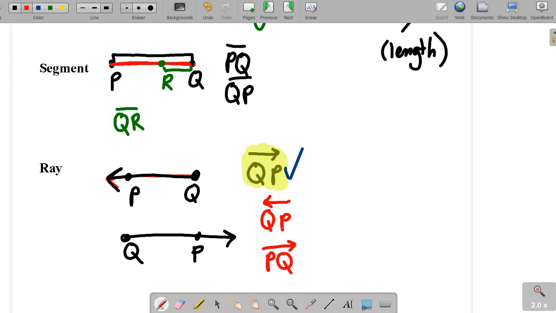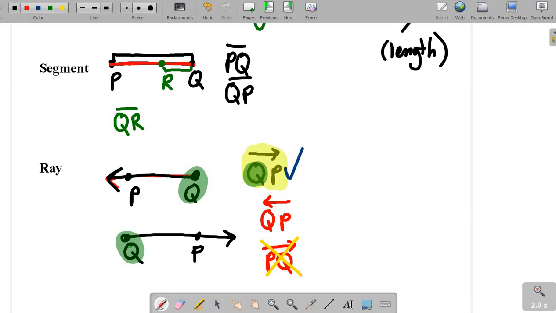When naming rays, the first thing that's very important is the endpoint. Regardless of the direction it goes, the endpoint is always the first letter. Right here, our endpoint is Q, but we start with P. That's why that one did not work. You're like, well, what about this one?